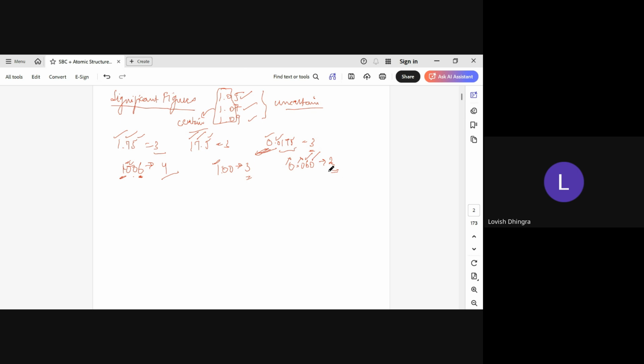Now next, if I have for example 1 into 10 to the power 5, what will be the answer for this? 1. Yes. And the reason? Because the exponent doesn't really matter.